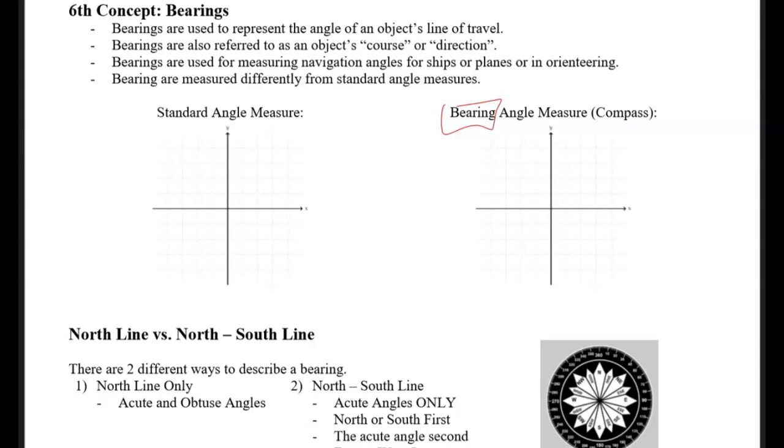So let's draw 100 degrees as a standard angle. When we're thinking of a standard angle measure, we always start on the positive X and we go to our angle, and we call this 120 degrees.